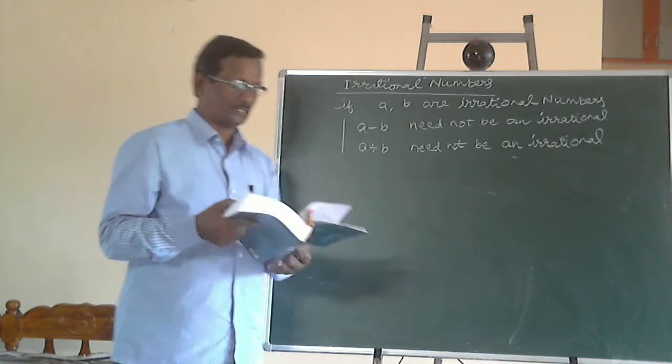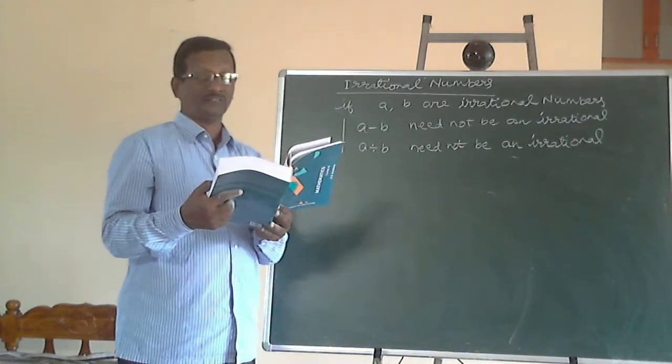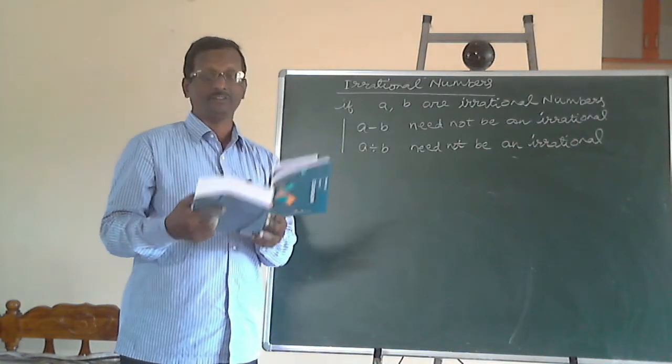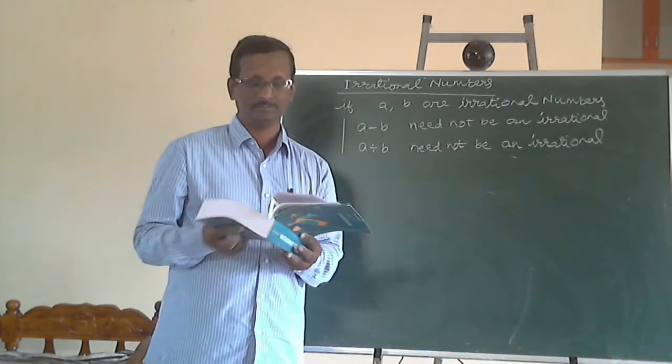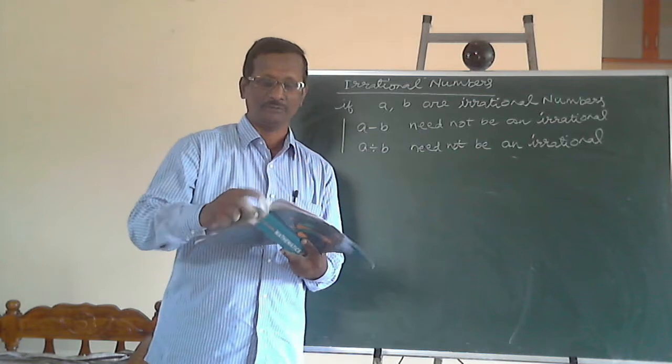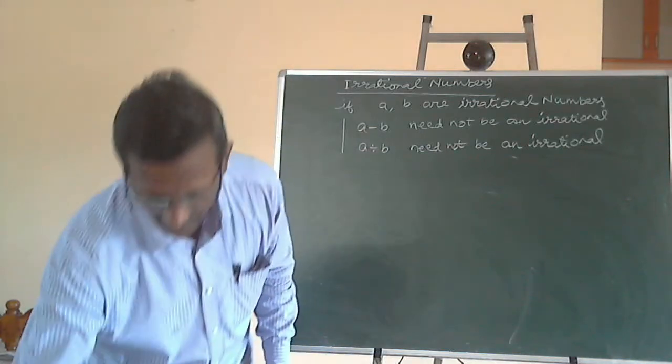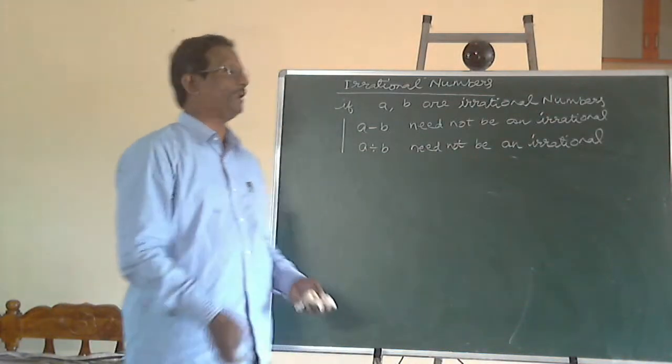Let's represent a decimal number on the number line by using the method of successive magnification. From the examination point of view, the questions I have explained are very, very important.